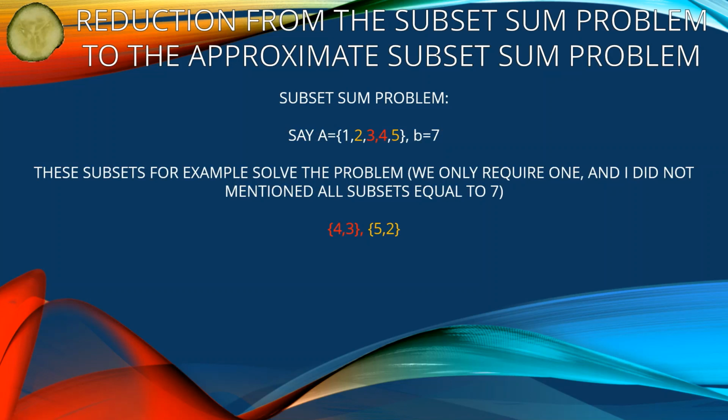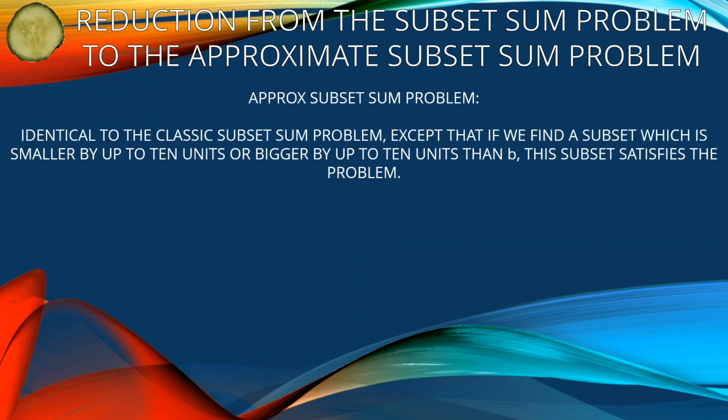I did not mention all subsets equal to 7. So 4 and 3 of course equals 7 because 4 plus 3 equals 7, and 5 plus 2 as well. Approx Subset Sum Problem. Identical to the classic subset sum problem except that if we find a subset which is smaller by up to 10 units or bigger by up to 10 units than b, this subset satisfies the problem.